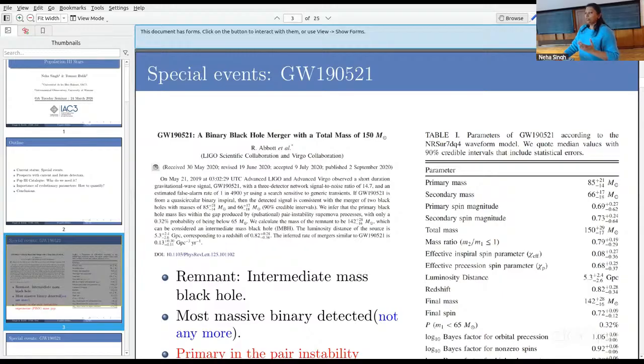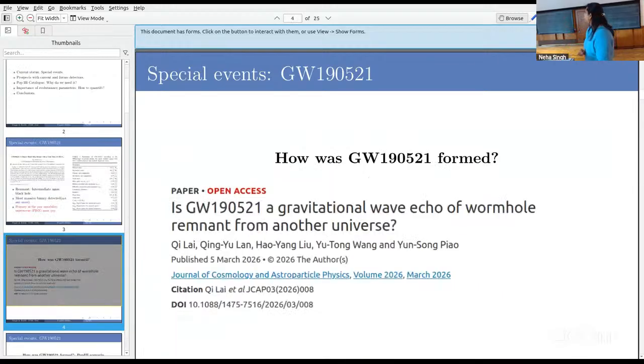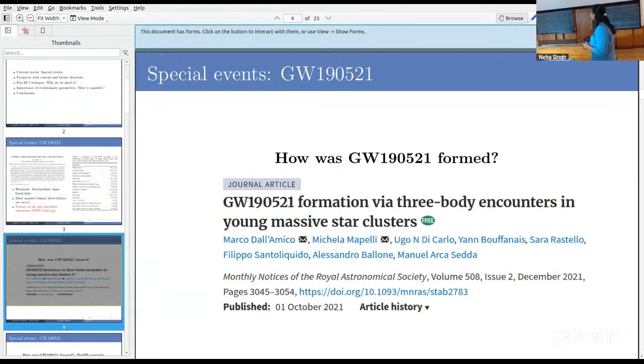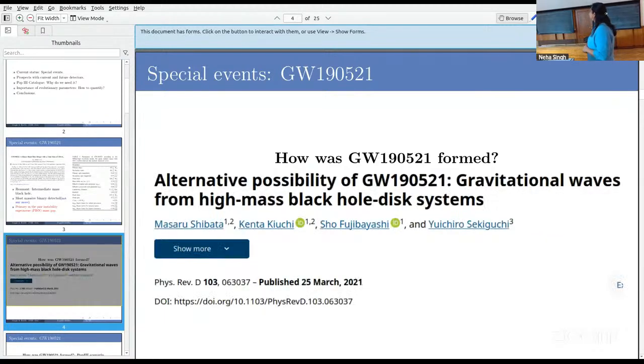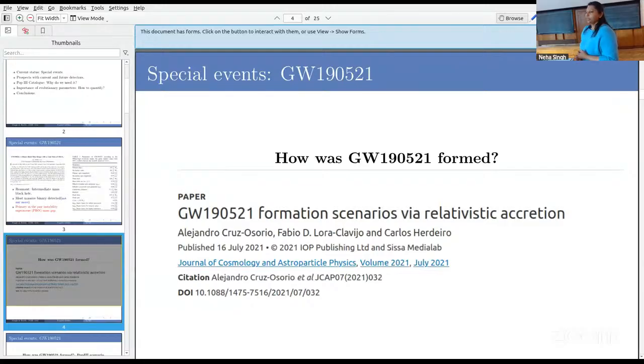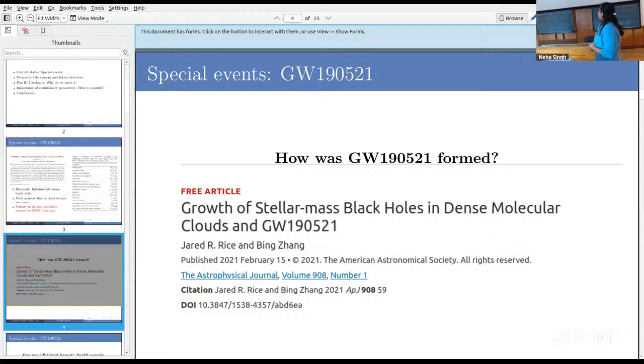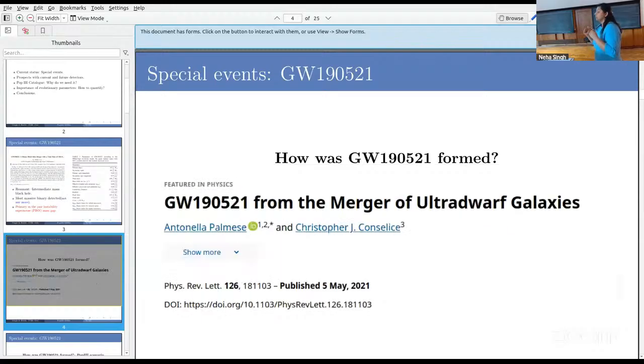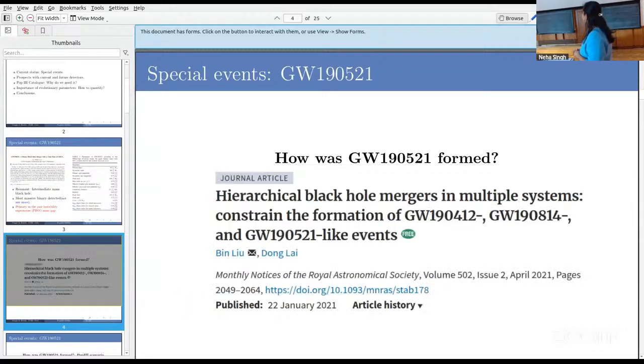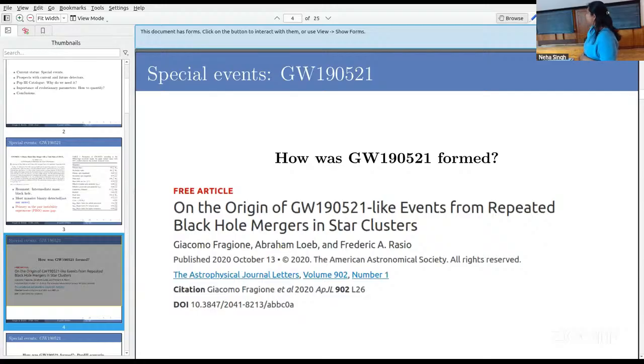Again, since we don't understand the formation of such black holes, there were many attempts to explain this formation. There were multiple papers after this detection which claimed that maybe it happened via hierarchical merger, maybe it was a merger of ultra dwarf galaxies, maybe it was multiple collisions of existing black holes, and so on.